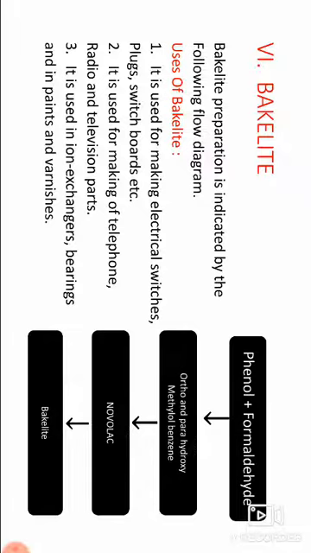Uses of Bakelite. It is used for making electrical switches, plugs, switchboards, etc. It is used for making telephone, radio and television parts. Third, it is used in ion exchangers, bearings and in paints and varnishes.